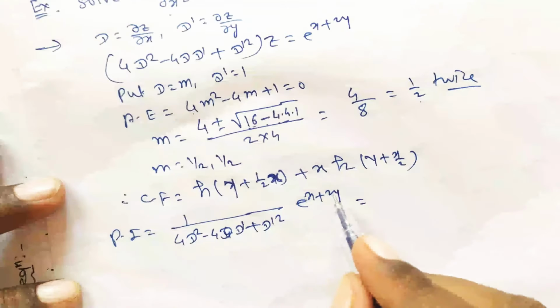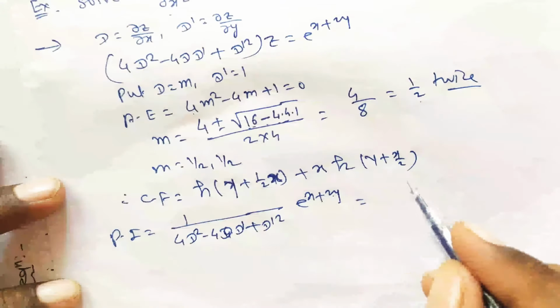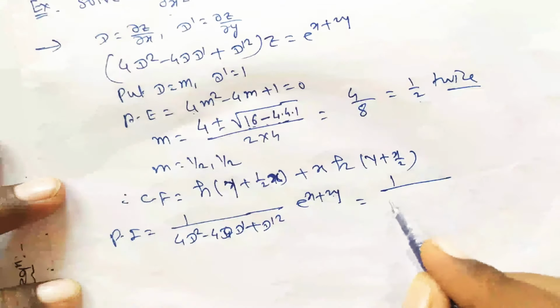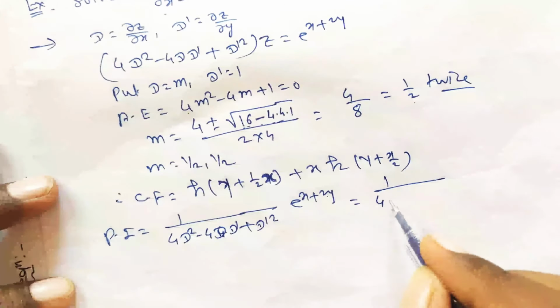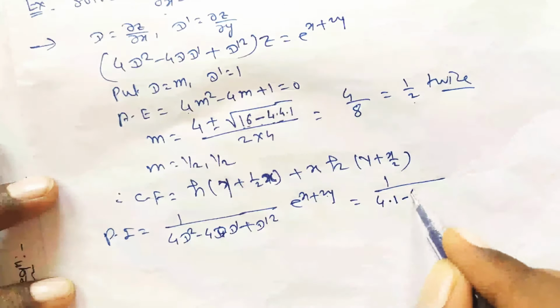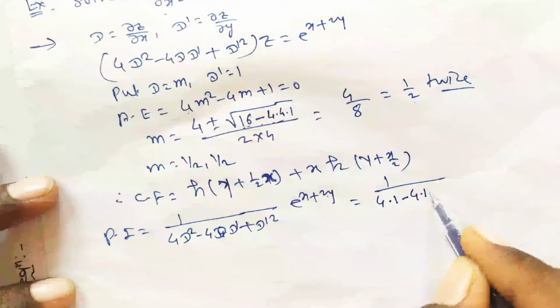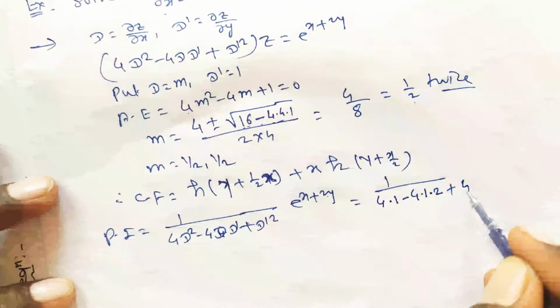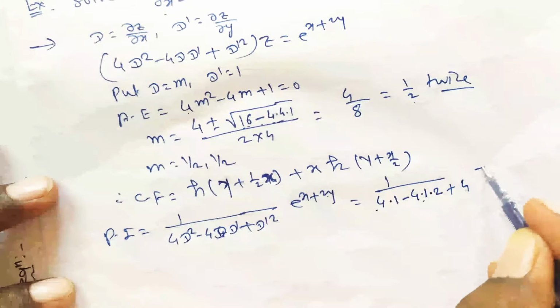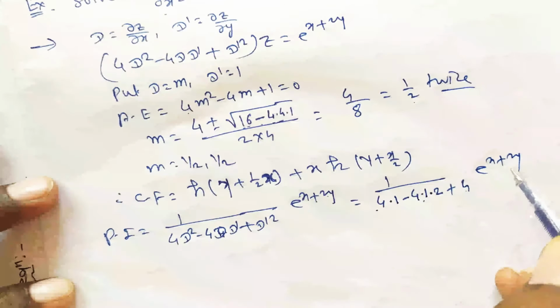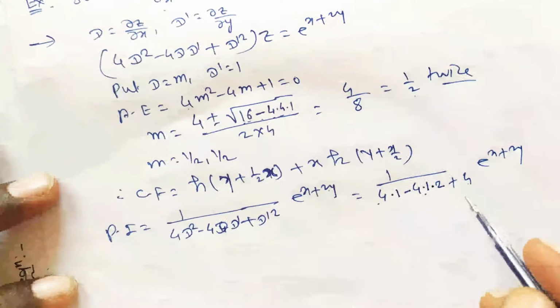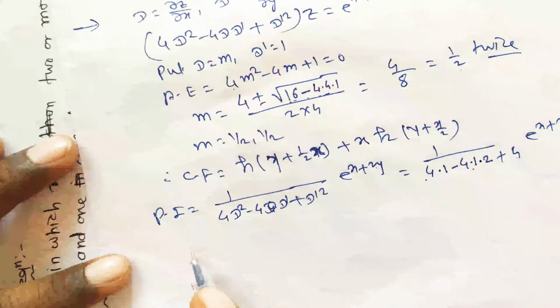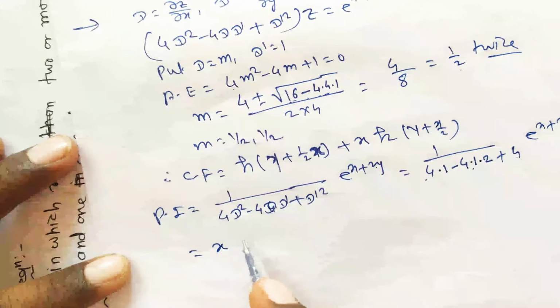So e raised to ax plus by, a equal to 1, b equal to 2. If you put that here, then we will get 1 upon 4 into 1 minus 4 into 1 into 2 plus 2² is 4. So 4 plus 4, 8 minus 8 is 0. So we get phi of a, b equal to 0, the case fails, and therefore if the case fails, then we have to multiply by x and take the derivative of this.